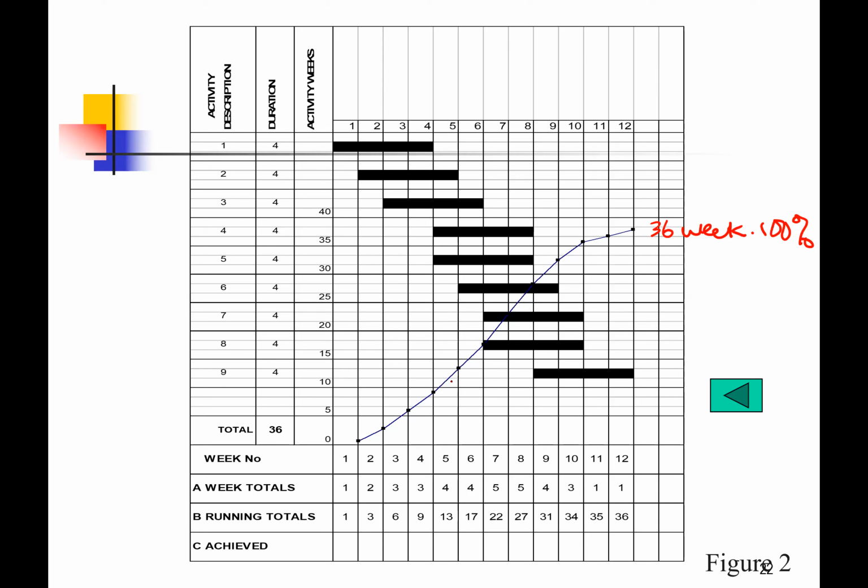So 1 divided by 36 times 100%, you will get a certain percentage. That percentage could be equivalent to this small first point there. And then 3 divided by 36 could be this point. 6 divided by 36 could be this point, if you convert that into percentage.